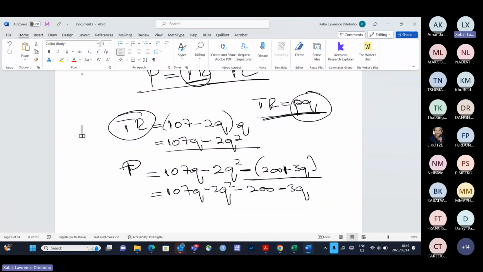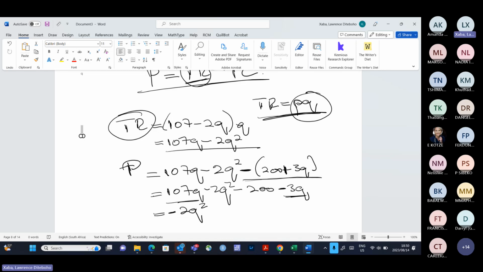So we group the like terms. So 107Q goes together with negative 3Q. These ones, they don't have like terms. So we ended up having negative 2Q squared. We want to put it in a proper order.